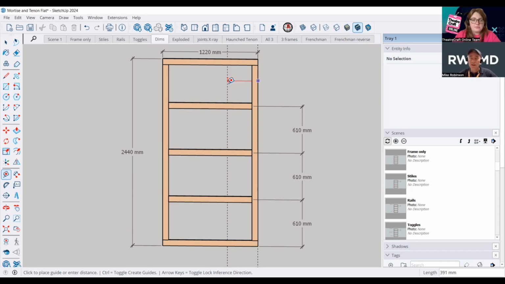So the nice thing about it for us is for tenon mortise flats we also get quite a nice sized tenon as well. So we particularly use tenon mortise flats when we're flying.